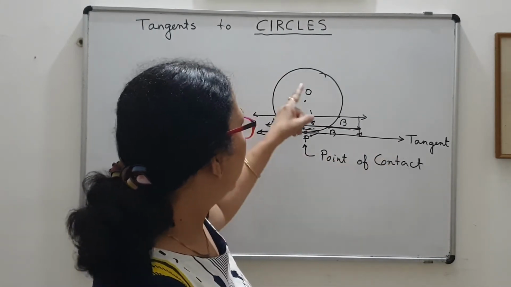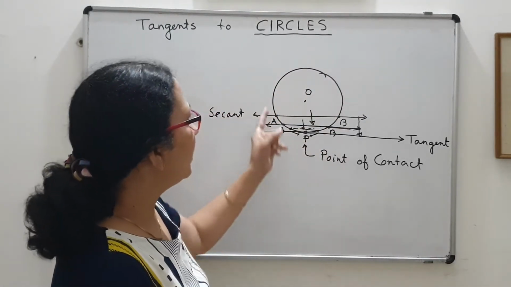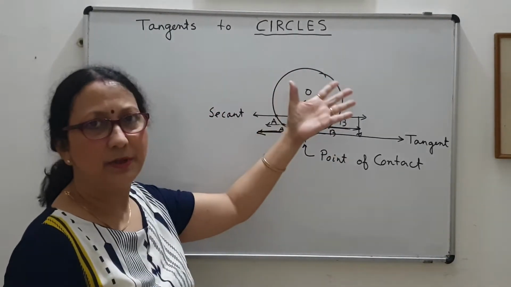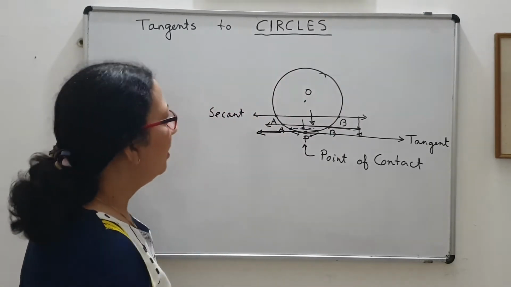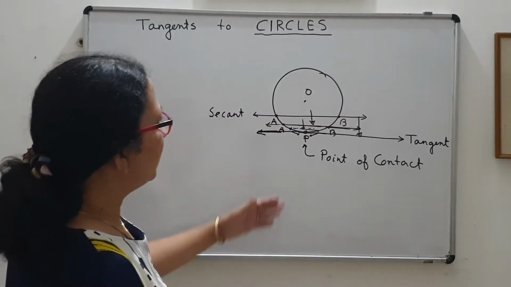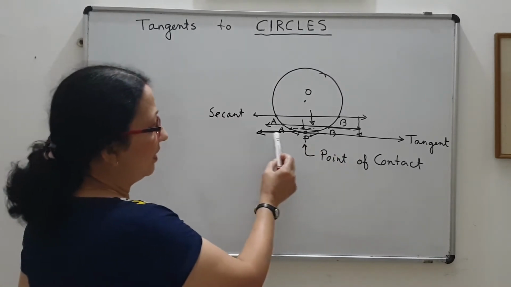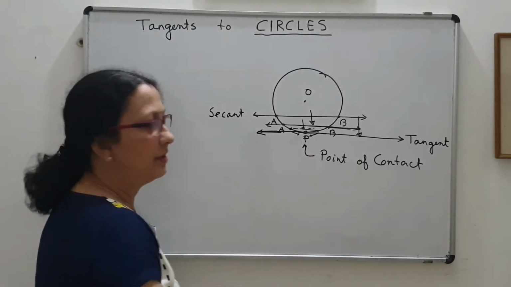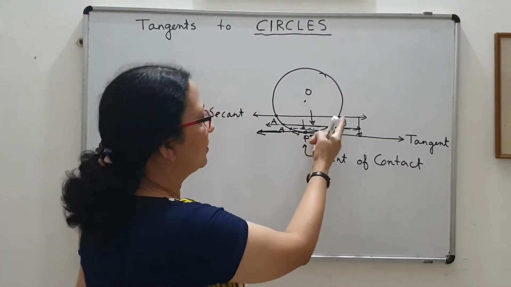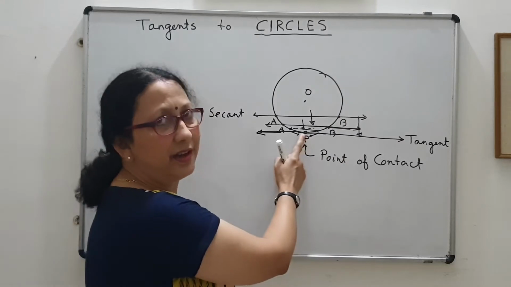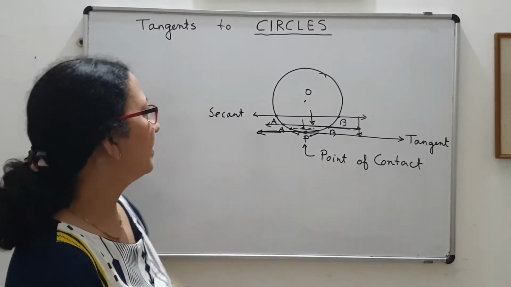At a point there will be only one tangent, but since the circle has infinitely many points, infinitely many tangents can be drawn to a circle. So this is the basic definition of tangent. That is, it touches the circle at a point, or it is a special secant whose points of intersection with the circle coincide at a single point, and that point is known as the point of contact.